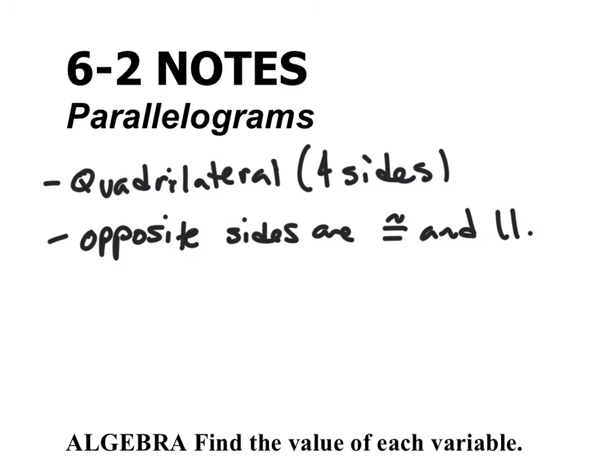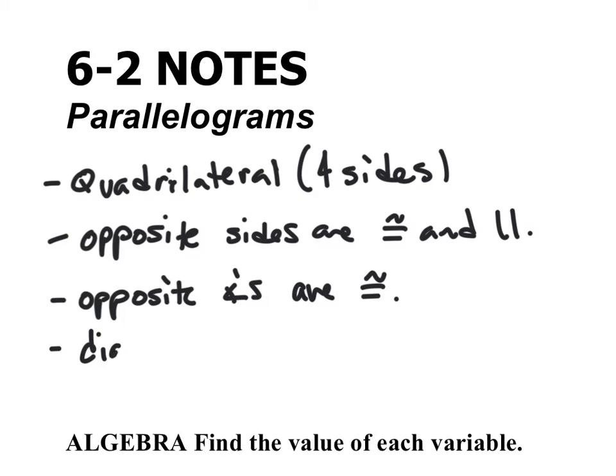And then we know that opposite angles are congruent. And then we also need to write down that the diagonals bisect each other.